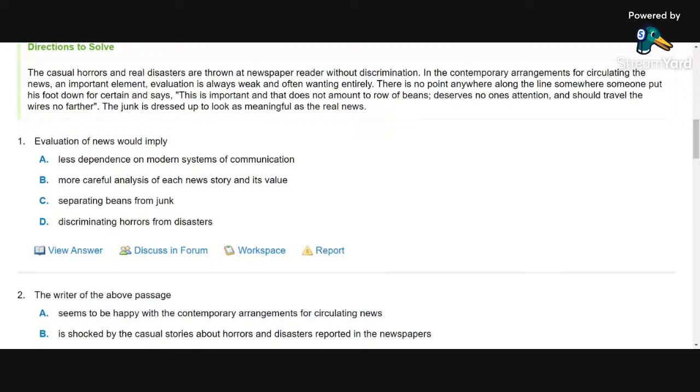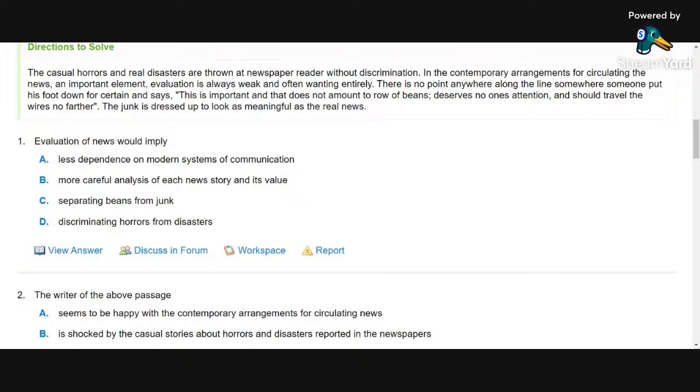The casual horrors and real disasters are thrown at newspaper readers without discrimination. So, in the contemporary arrangements for circulating the news, an important element, evaluation, is always weak and often wanting entirely.